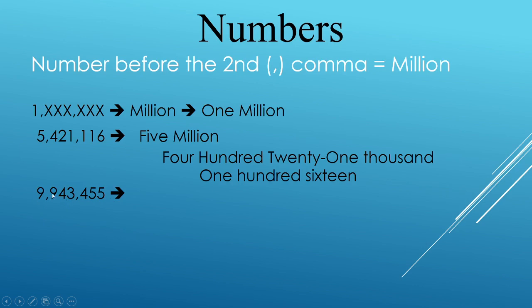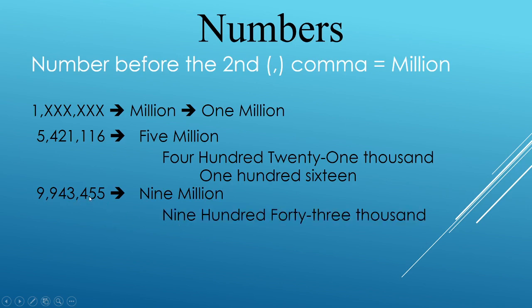So to say this number, we say 9 for second comma, million, 943, this is the first comma, we add 1,000, 455. So to say this, right? 9,943,455.